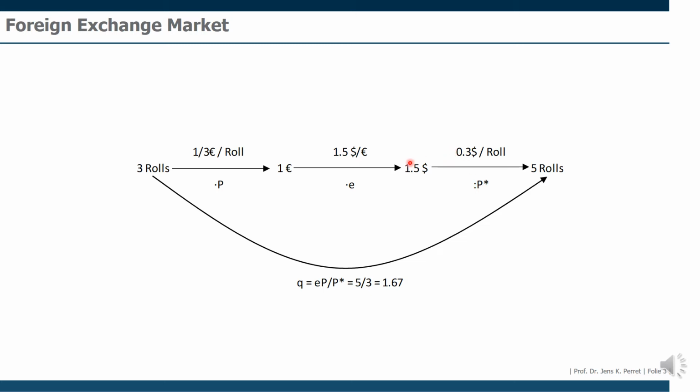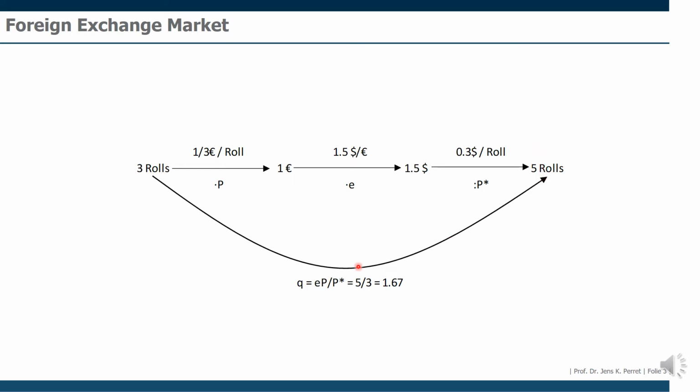So I divide the $1.5 by, in this case, I assume 1 roll in the US costs $0.3. So I divide this by this expression, giving me 5 rolls, which I get for my $1.5. So in this case, I can relate 3 German rolls to 5 US rolls.